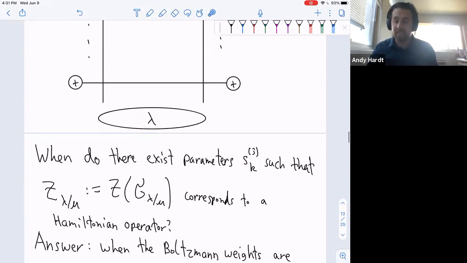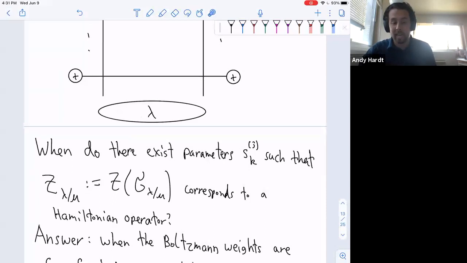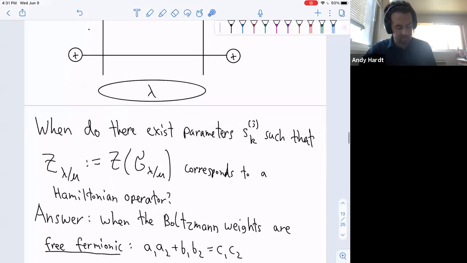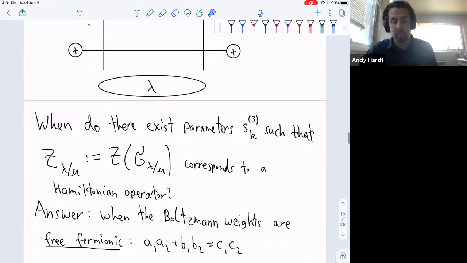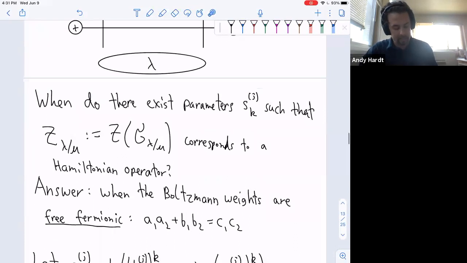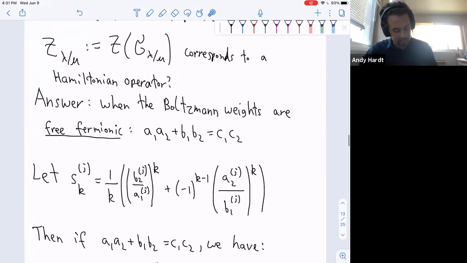And the answer, and this is something that I found kind of interesting, is that this is able to happen whenever the Boltzmann weights are free fermionic, and that's an if and only if. So if A1 A2 plus B1 B2 equals C1 C2, we're able to have a Hamiltonian such that it matches the lattice model.